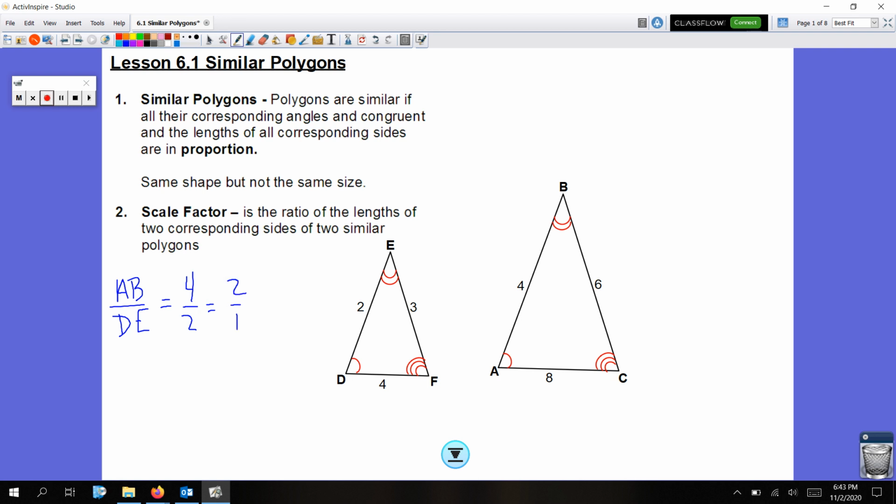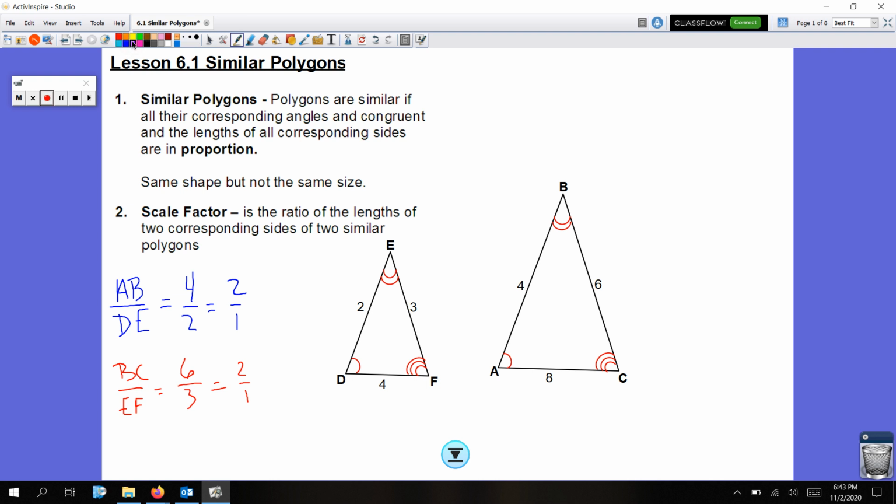All right, I need to check all the other remaining sides. So the next side, I'm going to pick BC. BC corresponds with EF. BC is 6. EF is 3. 6 over 3 is 2 over 1. All right, one more side to go before I can say for sure that these two triangles are similar.